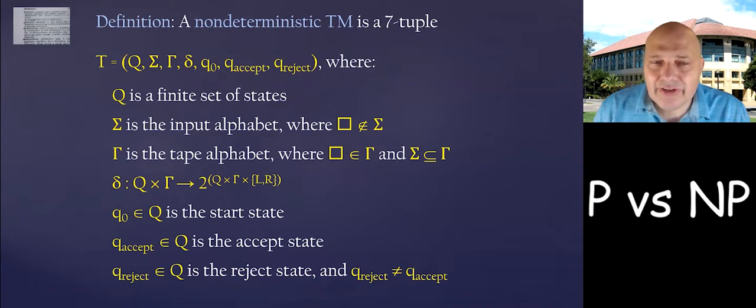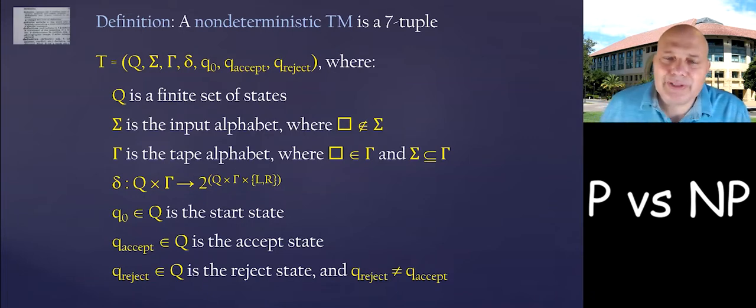The interesting thing is that the transition function takes a state and a symbol that you read, so which state you are in and which symbol you are at, and it gives you a collection of possible transitions, and the collection can be empty or it can be everything.